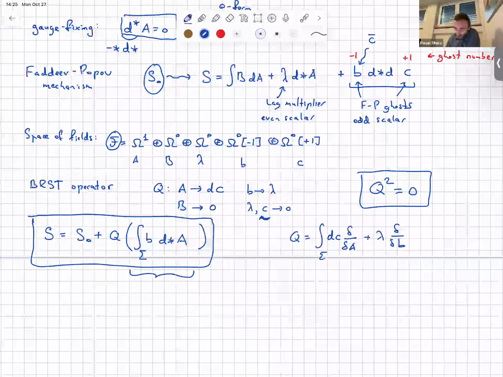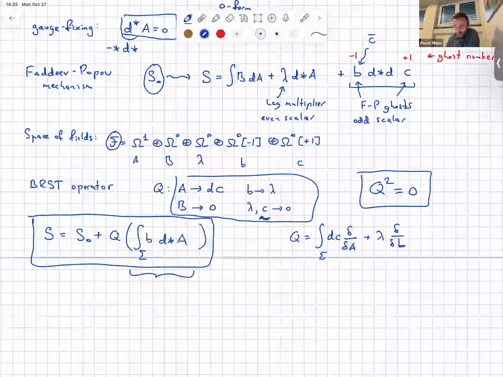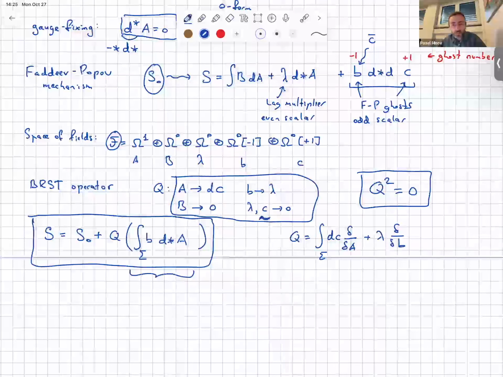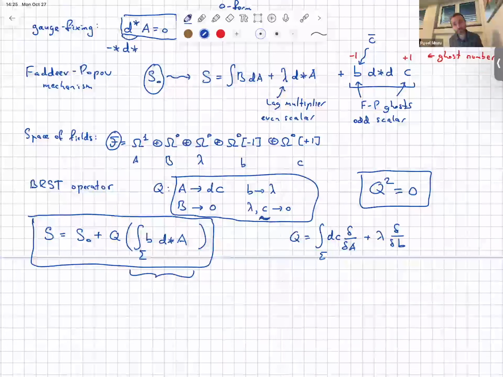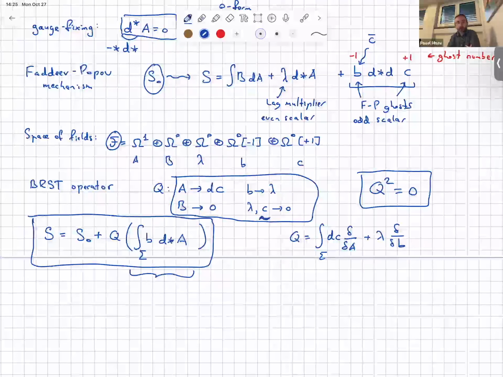Essentially the formulas that I wrote are the formula for Q, so they define Q completely. If I also tell you that Q acts as a derivation on functions on fields, I told you how to act on linear functions on fields, and then for a polynomial function you just use the Leibniz rule. So Q is defined completely by these formulas.